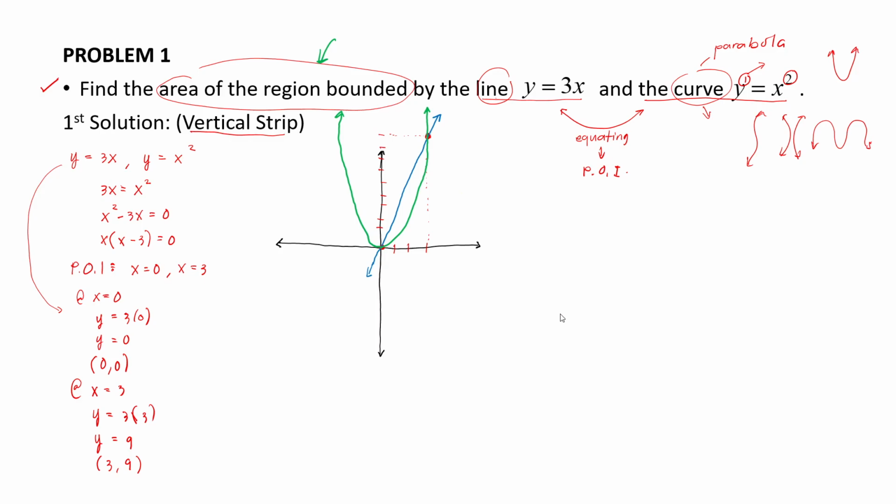So looking at the bounded region, the bounded region is obviously the one between blue and red. So again, points of intersection here. So this would be 0, 0, and then this would be 3 and 9.